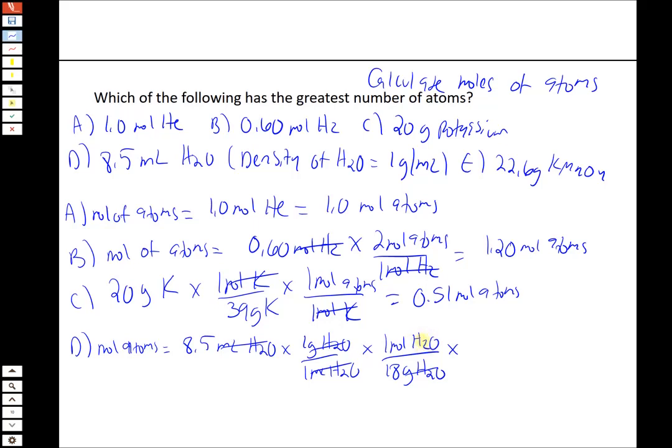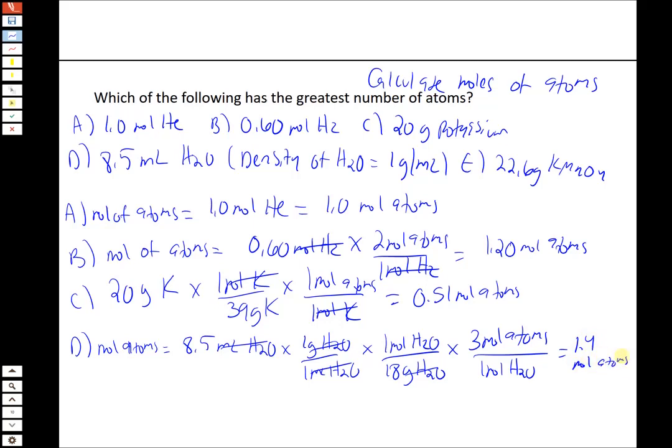So water is made up of H2O molecules, so we have 3 moles of atoms total, 2 hydrogens, 1 oxygen for every mole of water. So when we multiply that out, 8.5 divided by 18 times 3, we get 1.4 moles of atoms. So that's our biggest number so far.